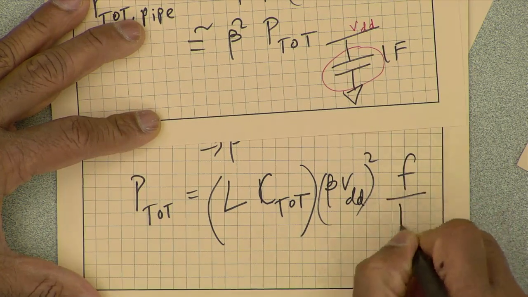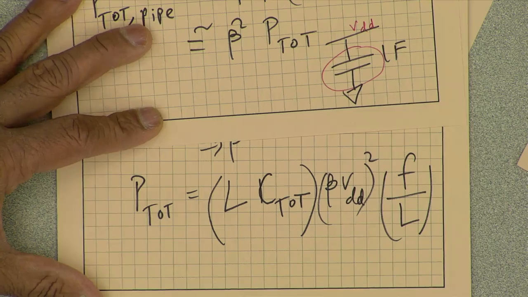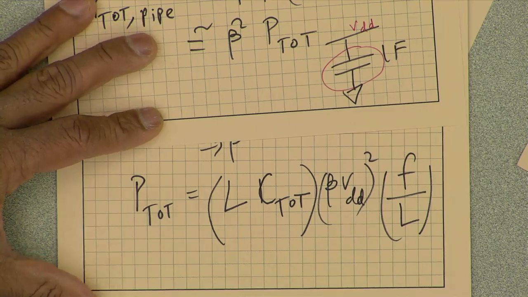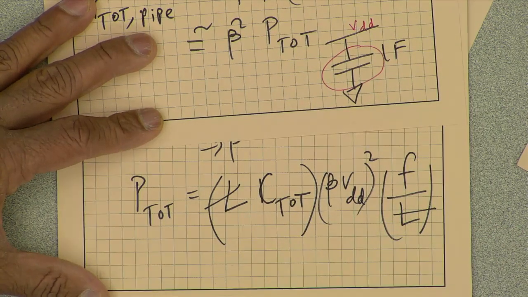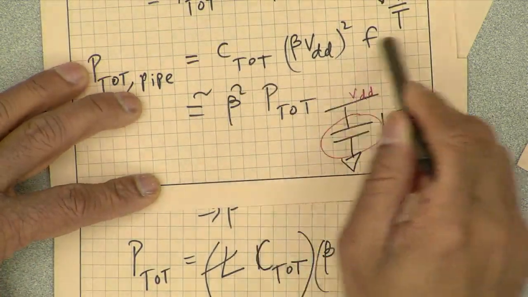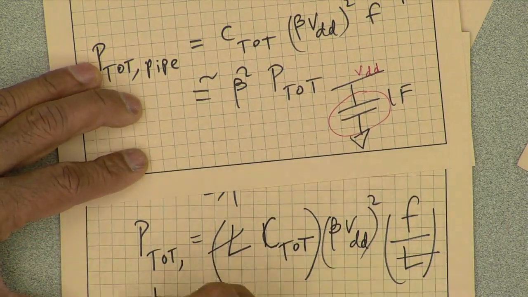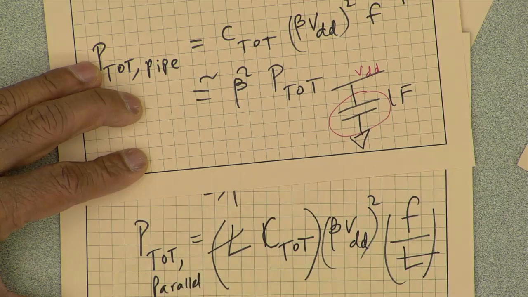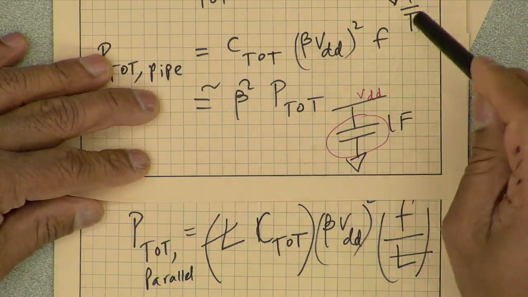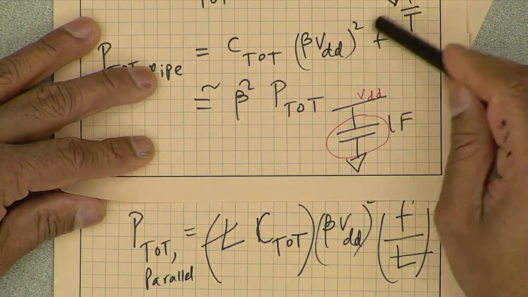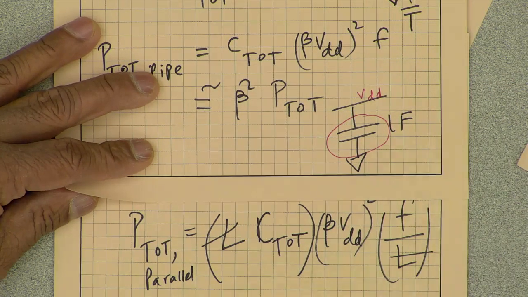However, that f now is f over L, because the clock period was increased to L times T. That means the clock speed was reduced by a factor of L, and that is where the 2 L's cancel. That is how the total reduction in power in the pipeline case and in the parallel case finally lead to the same reduction, although the capacitance here is increased by a factor of L. We take that and cancel it out by increasing the clock period by a factor of L, or reducing the clock speed by a factor of L. Is that making sense?